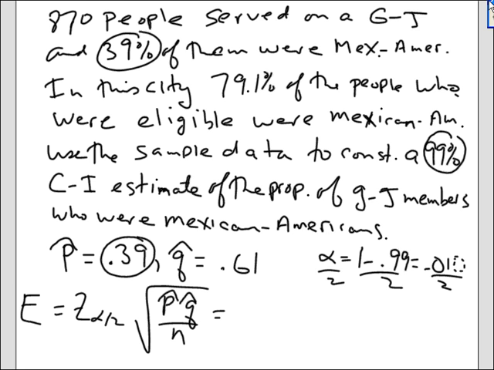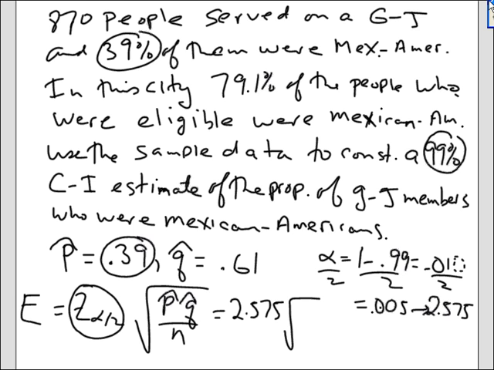Divide it by 2, you get 0.005. It turns out that that translates to a z-score of 2.575. That's z sub alpha over 2.